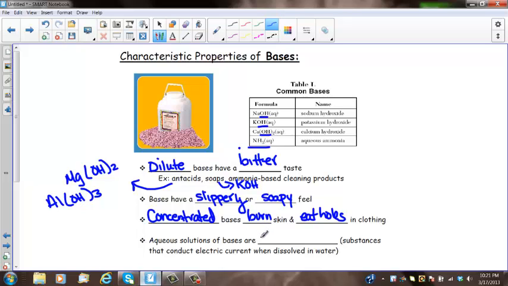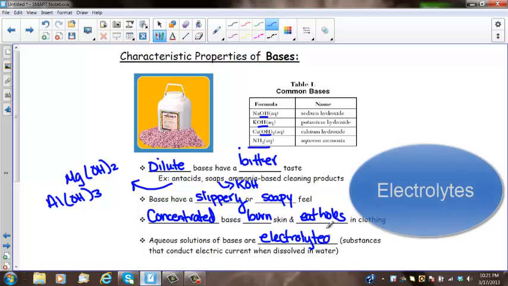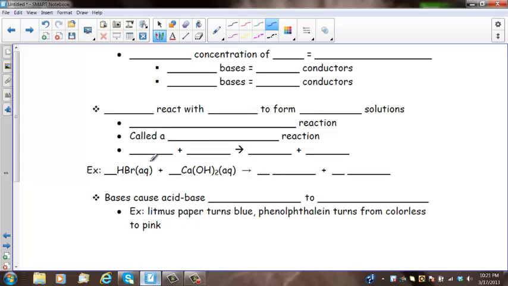Aqueous solutions of bases are also electrolytes, like acids, and they have the ability to conduct electricity in water. Greater concentration of ions, just like acids, equals more conductivity.